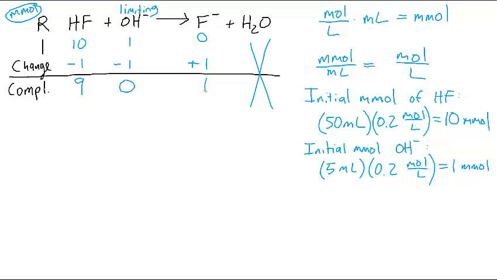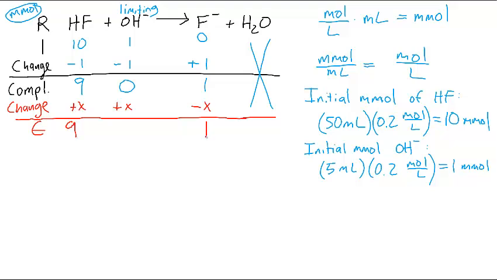Now remember, I can't have 0 of anything at equilibrium, so I've got to send it back a little bit. And if you don't want to write out this extra step, you don't really have to. You can just tell yourself, okay, anytime there's a 0, I know it can't be a 0, so I'm going to turn it into an x. Because that's essentially what happens.